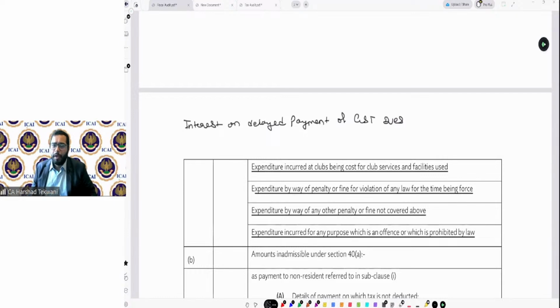Come on, guys, quickly. Whether interest on delayed payment of GST dues will be covered here or not?